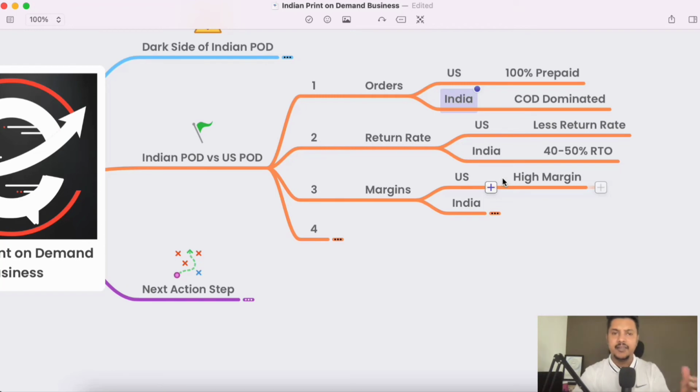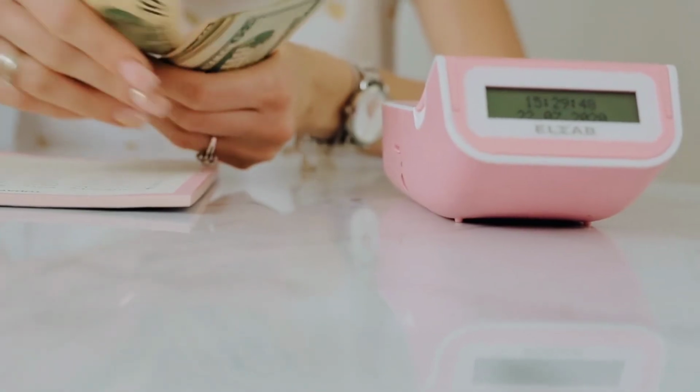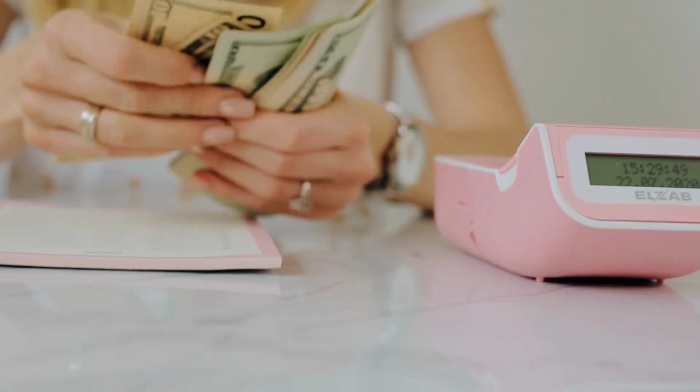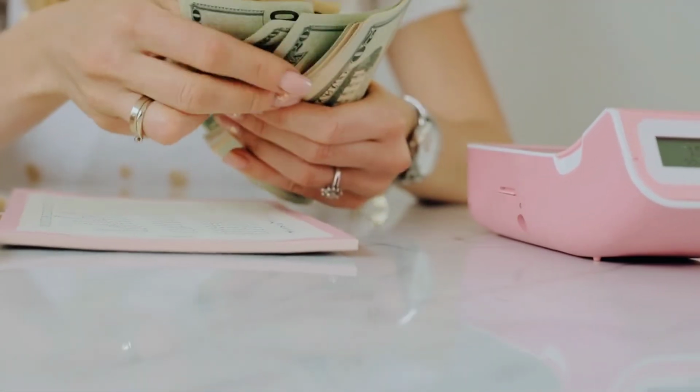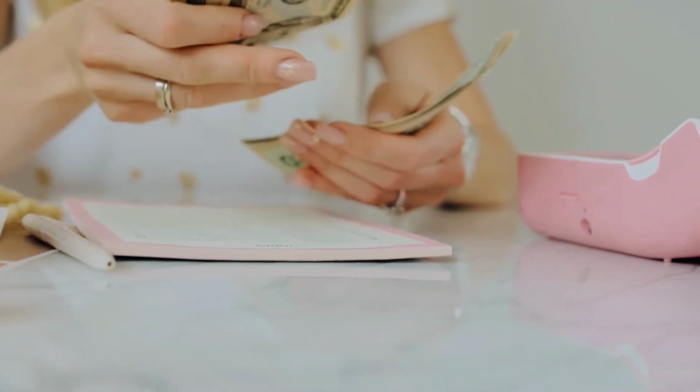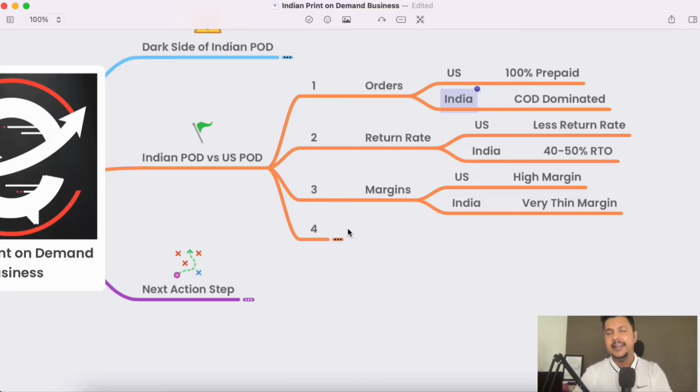If you are selling t-shirts, margins are really high compared with selling t-shirts in India. In India, it is a very thin margin. It will take a lot of effort, a lot of time, and a lot of capital to become profitable with Indian POD.